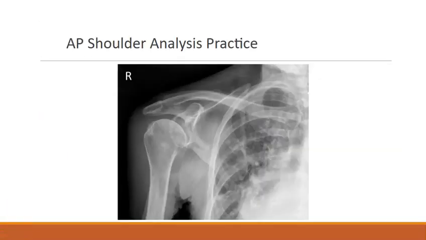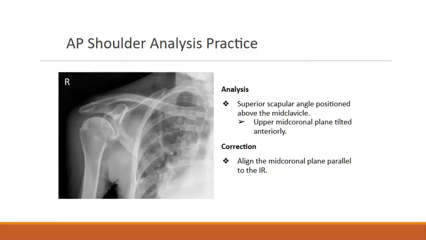Go ahead and review this practice analysis and answer the following question. So let's take a look at this practice analysis together. First, we want to assess the position of the scapula. Looking at it, we can see that the superior angle of the scapular body is positioned above the mid-clavicle.